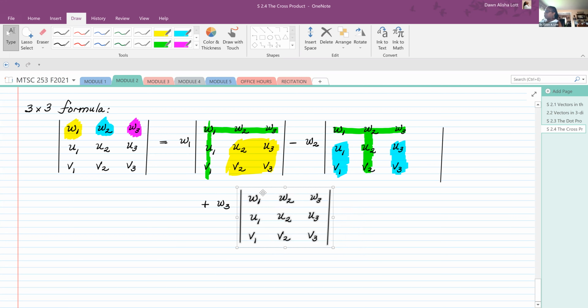So this time I'm going to cross off the row that W3 is in and the column W3 is in and take what's left. Okay, so I know that's crazy, but this is what it looks like.